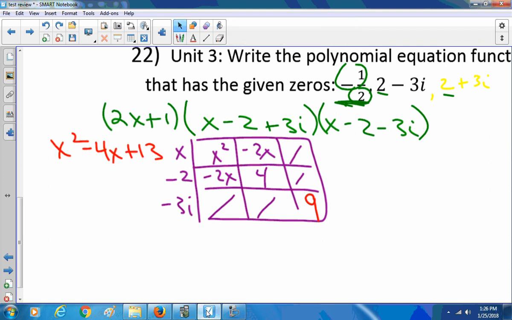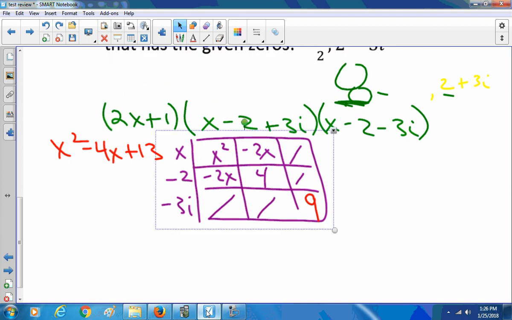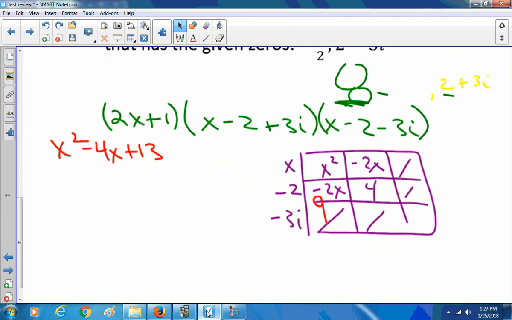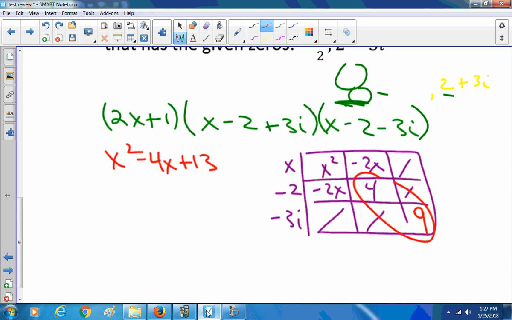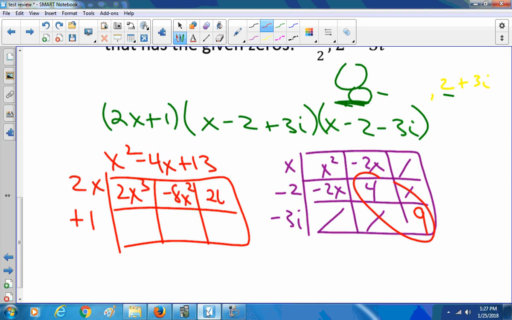Those of you wondering where I got 13 from, where did I get the 13 from? Good. Combine like terms. I'm going to box that with 2x plus 1. That gives me 2x cubed minus 8x squared, 26x, x squared minus 4x plus 13.